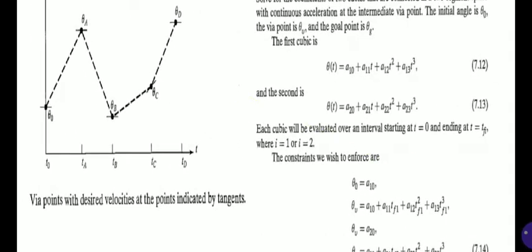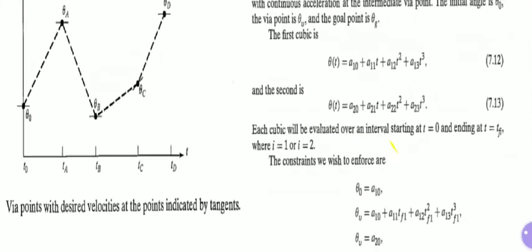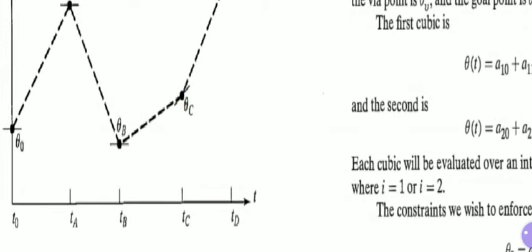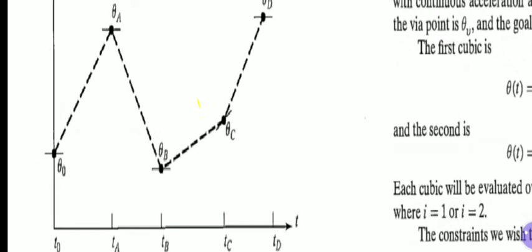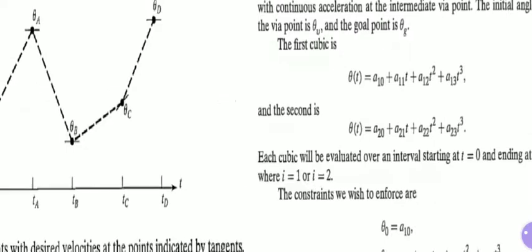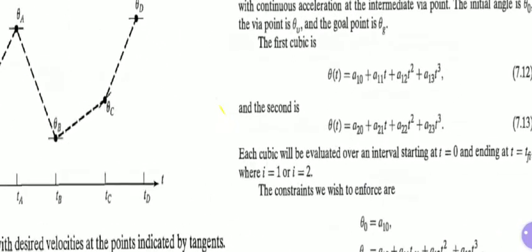Suppose we consider the trajectory from theta 0 to theta B via point A. For theta 0 to theta A we have the time span t0 to tA, and from theta A to theta B the time span is tA to tB. With this, we can write the trajectory equations.